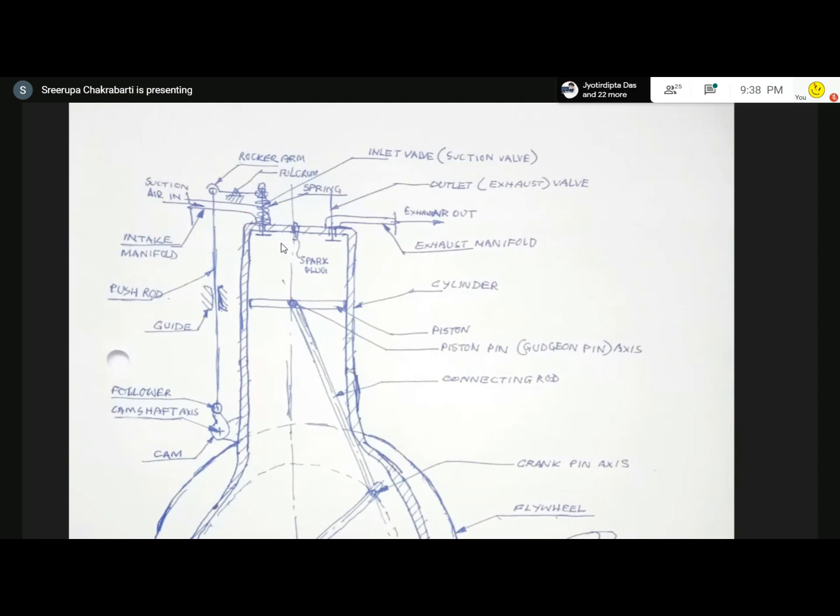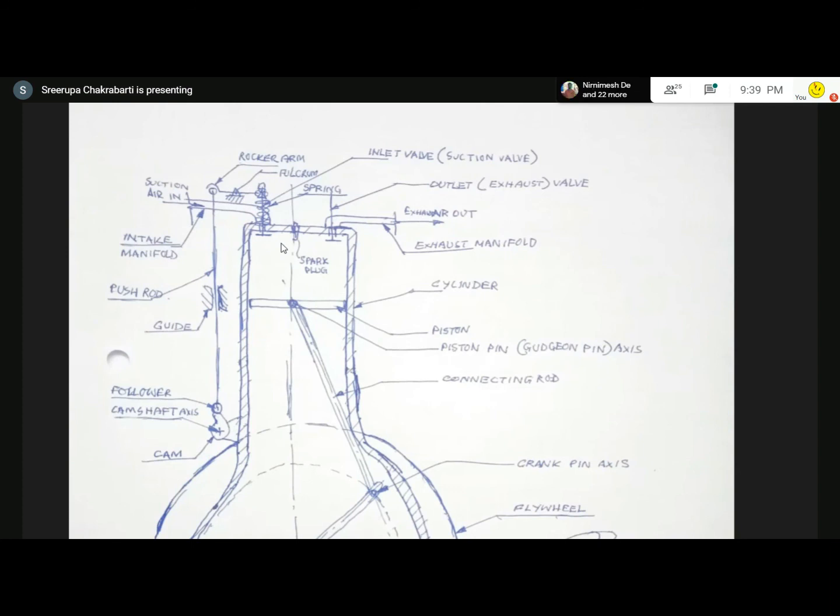And when the piston comes to the top dead center in the compression stroke, the pressure of the gas becomes maximum. And slightly closer to that point, the spark occurs.